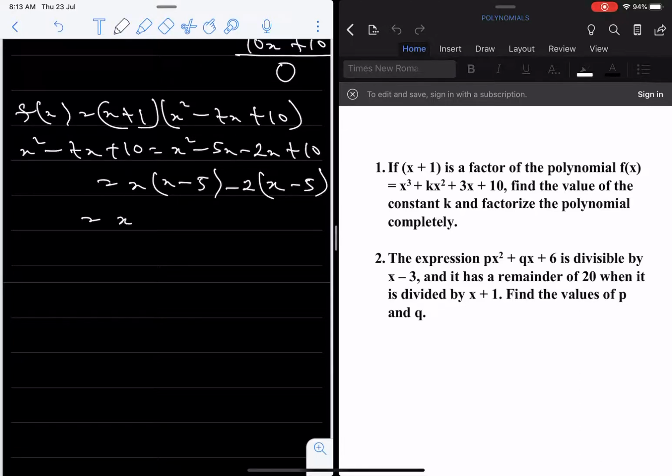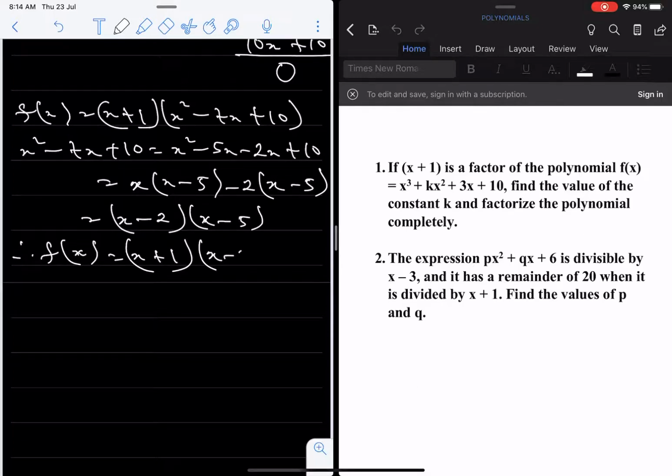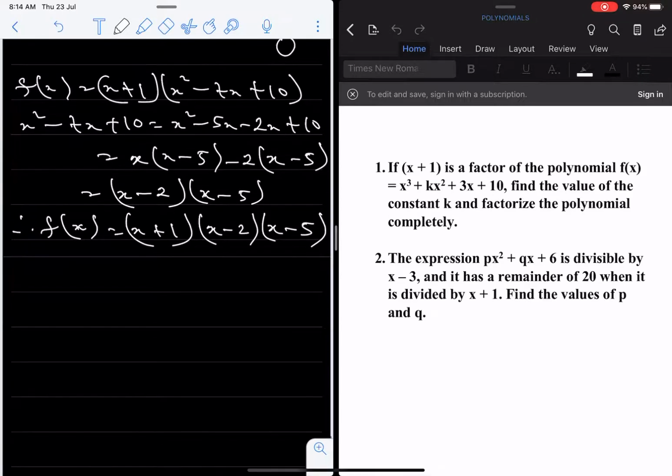And that means x minus 2 times x minus 5. Therefore, the complete factorization of f of x is x plus 1 times x minus 2 times x minus 5. So we can see that the factors are 3 because the polynomial is a cubic polynomial.